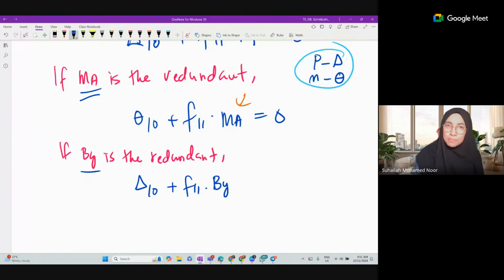BY is redundant, so we put the BY in the equation equals 0. So we have two options, whether we want to have moment as the redundant. So if moment as the redundant, it is like this, theta 1 naught plus F11 times MA. And if we want to have BY as the redundant, the compatibility equation is delta 1 naught plus F11 times BY equals to 0.